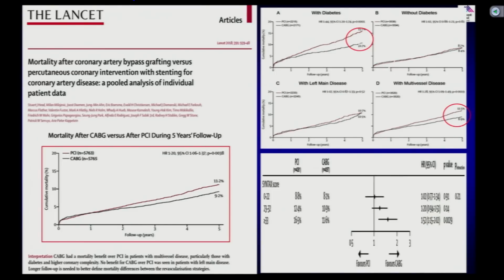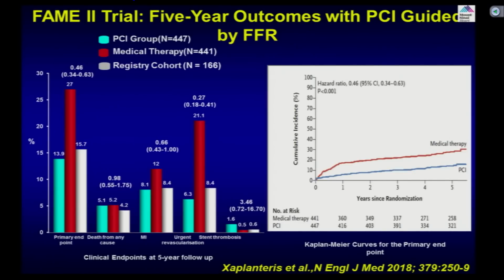So clearly we know that CABG is superior to PCI in many aspects, particularly in patients with multivessel disease or diabetics. Those are the meta-analyses which we presented in our last webcast. Then FFR also has shown, based on FFR-guided PCI, a better outcome if it is less than 0.8 versus medical therapy, and the outcome is similar to the registry if FFR is more than 0.8.